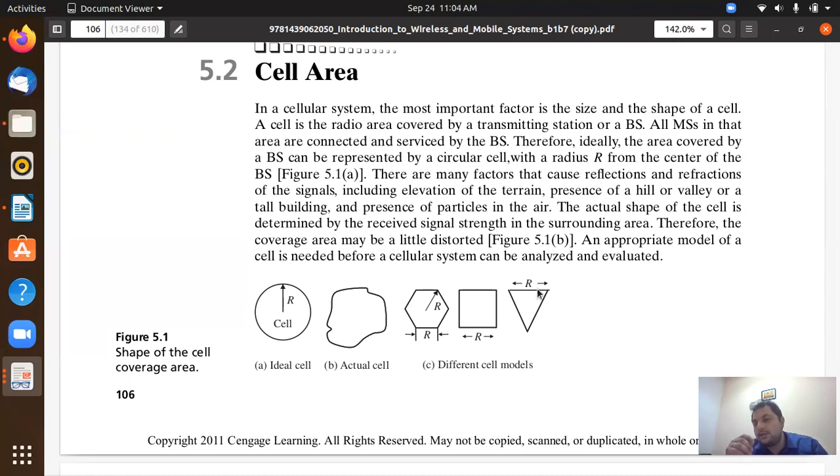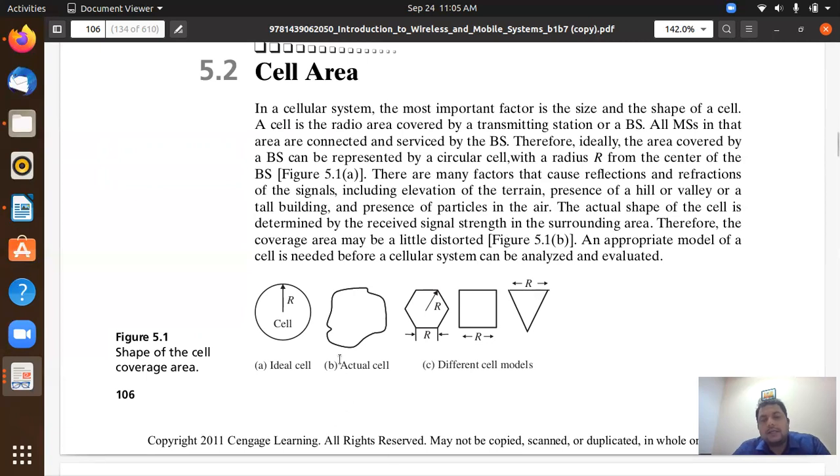Ideally, if there is no attenuation, no interference, the signal strength would decrease in proportion to the inverse of the distance from the base station. But in reality, there are several parameters which impact the signal strength. We have seen reflection, blocking, and more, because the terrain is not the same and there are several hindrances.